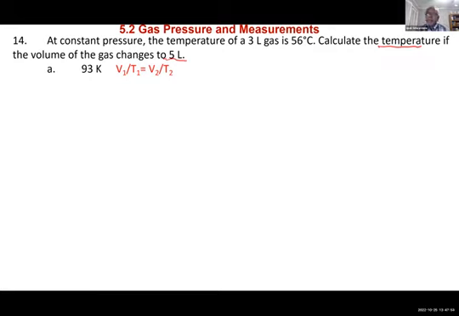When you're doing temperature versus volume, you hold the amount constant and the pressure is constant. So it says constant pressure.